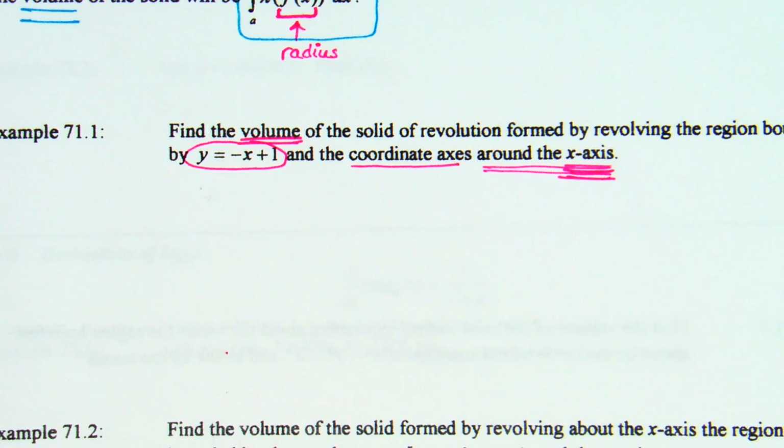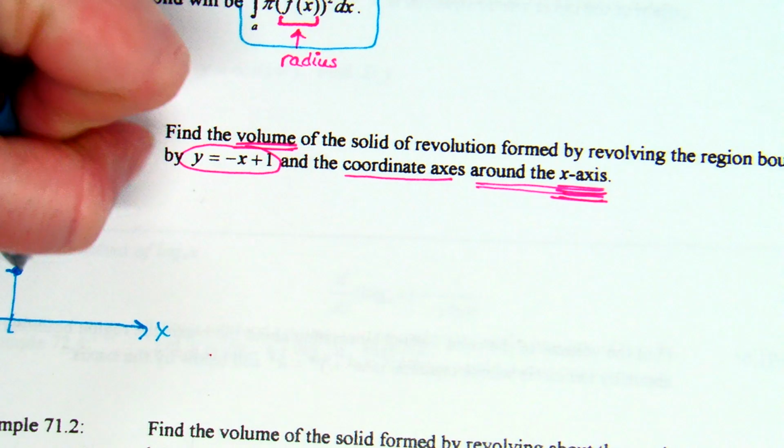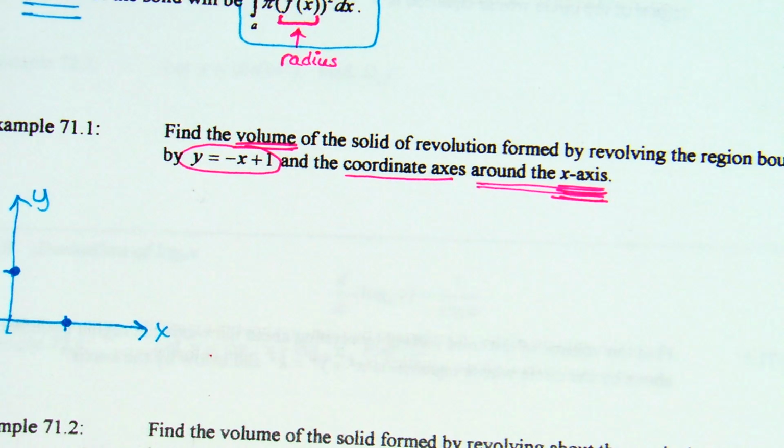And notice it specifically said bounded by this and the coordinate axes, the coordinate axes being the x-axis and y-axis. It has a y-intercept of 1, so it's going to go through right there. And then what's the slope of negative 1? Down 1, over 1. Is that 1 to the left? 1 right?